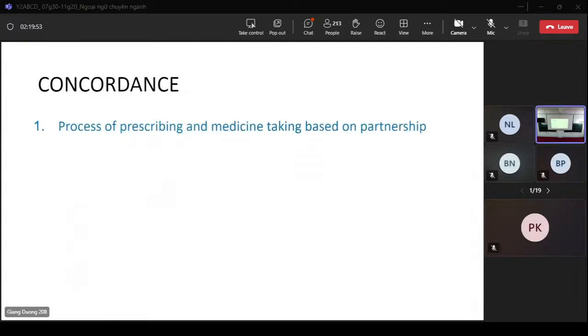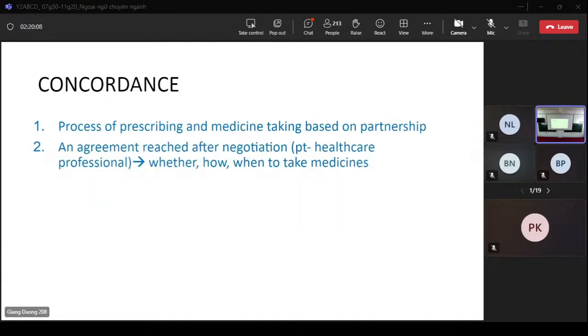Concordance. That's the process of prescribing and medicine taking based on partnership between the doctor and the patient. Kịp ha? And that's an agreement after negotiation.